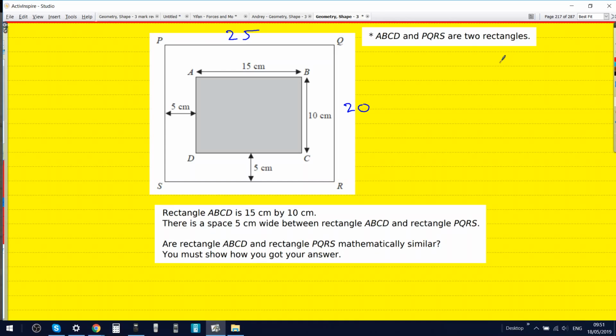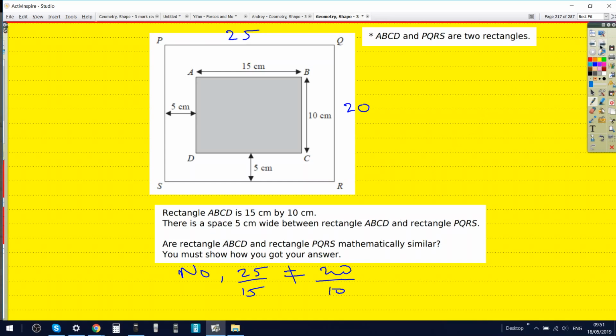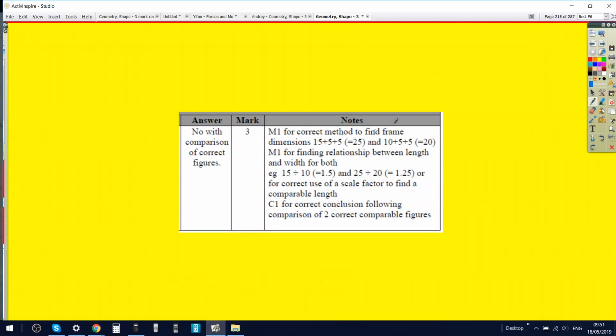They're not mathematically similar because they don't have the same scale factor. Yeah. So basically, like 25 divided by 15 isn't equal to 20 over 10. Yeah. Great.